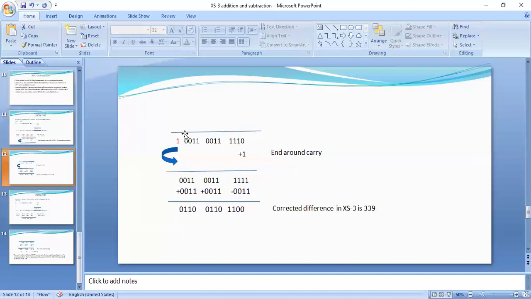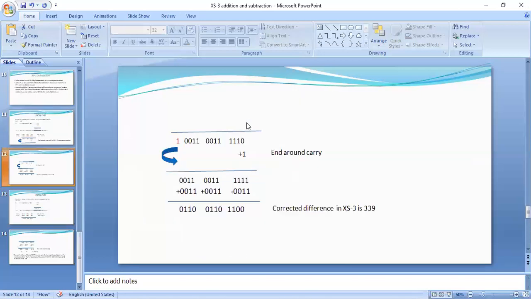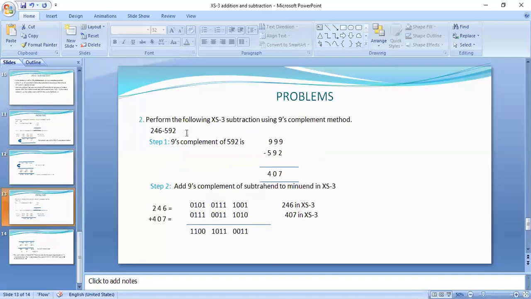Next, I'm taking one more example using the same 9s complement method. In the previous example, the result was positive, that is the m greater than n condition, where there is a carry out. Here I'm taking the m less than n condition. How can we perform excess-3 subtraction in this case?